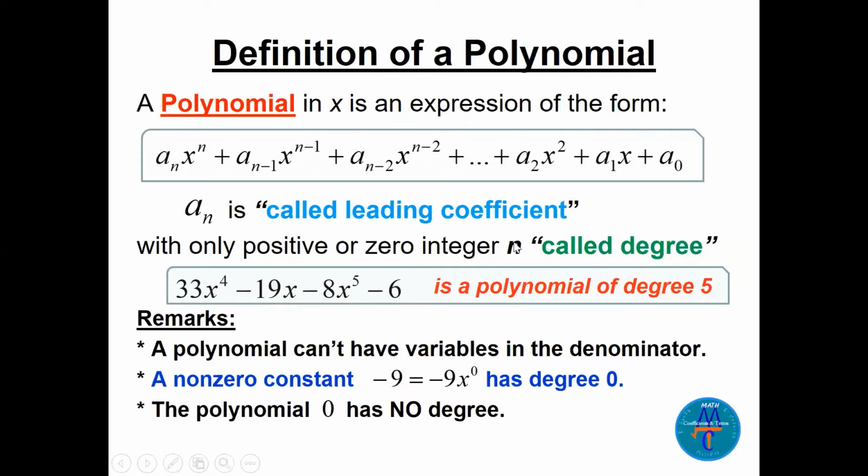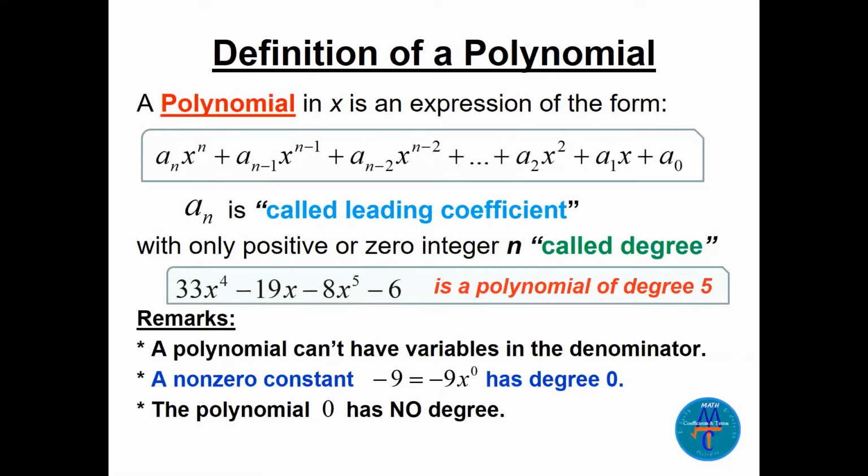The highest power here is called the degree. Let's see, the highest power here is 5. So you have 33x power 4 minus 19x minus 8x power 5 minus 6. So the highest power here is 5. So we call it the degree.